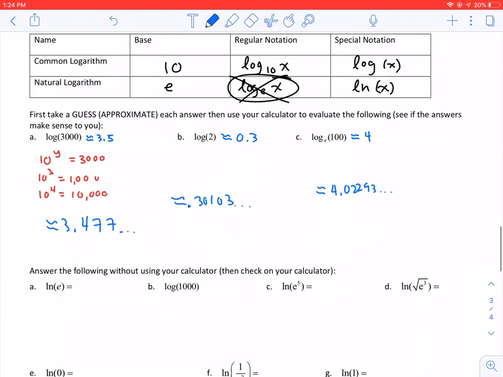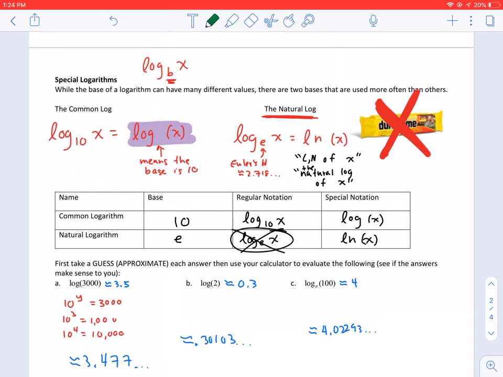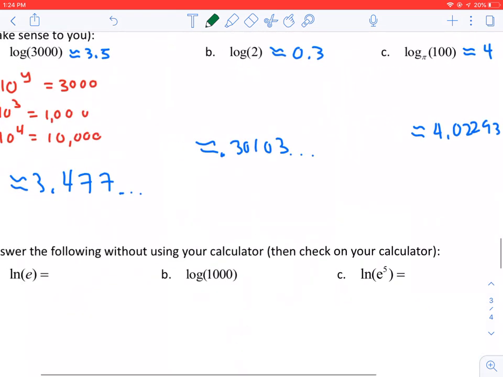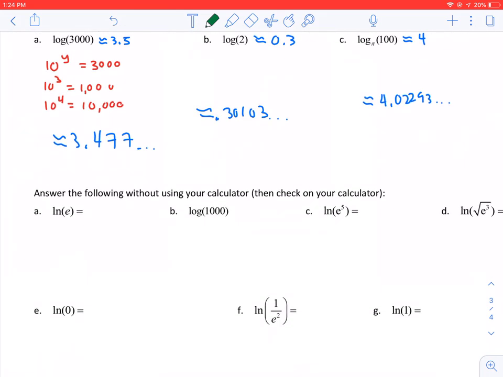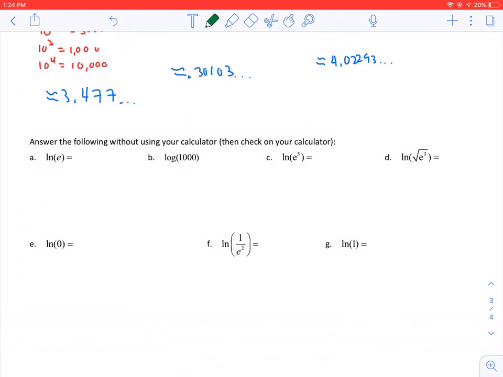Wow, that was okay. Guys probably won't believe me when I tell you I did this without a calculator, but yeah, so those are the actual values. Happen to be close to my approximations, but I was just guessing. And so this, answer the following without using your calculator, and then you can check on your calculator after if you want.